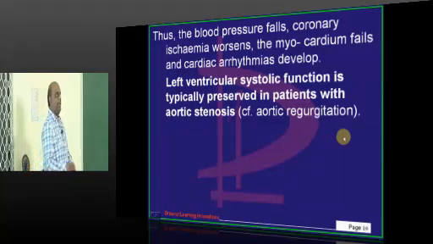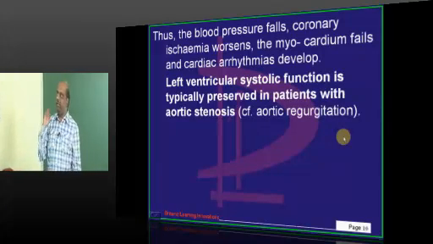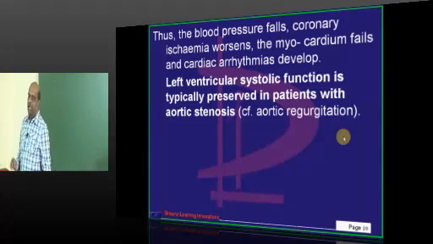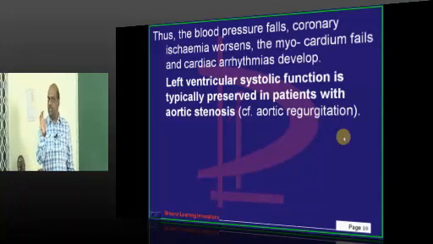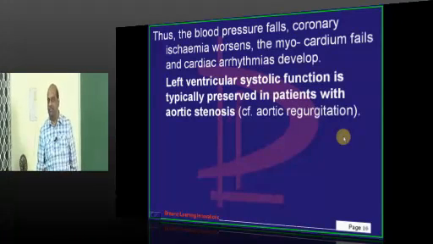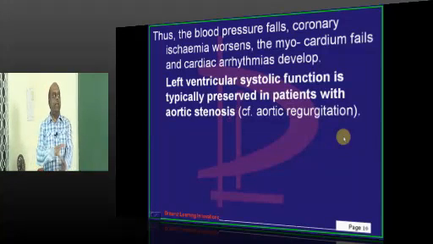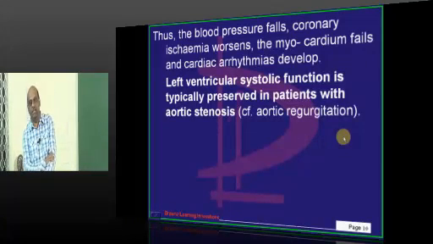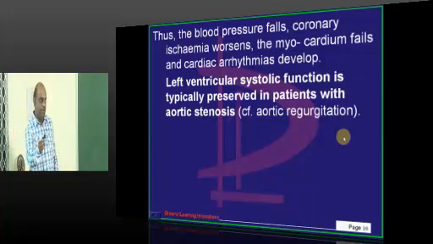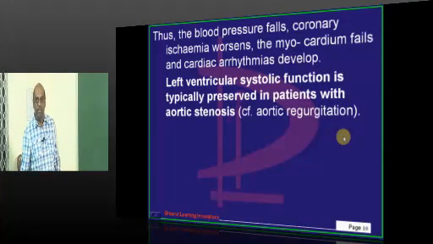That's the reason if somebody had a bicuspid aortic valve with aortic stenosis, even with mild to moderate stenosis, the patient will not be symptomatic because the left ventricle will try to compensate. But everybody will get hypertension by the time they are 50, 55, 60.